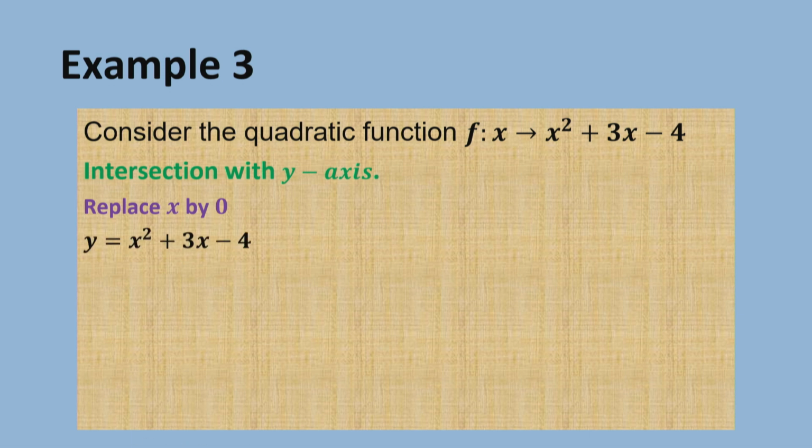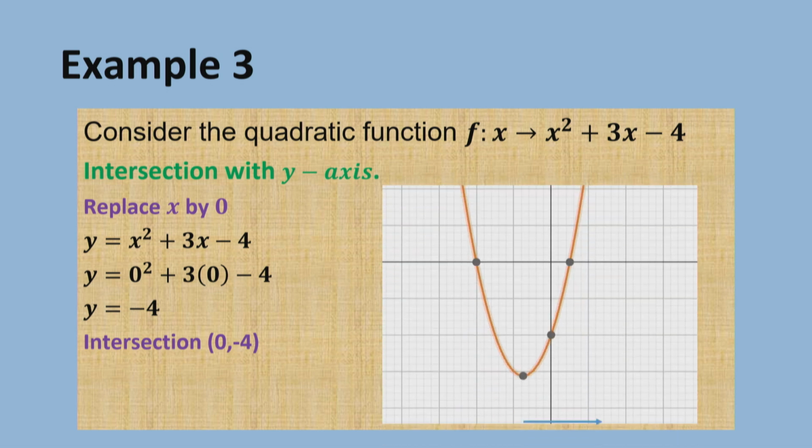Well, we replace x by 0 in the function. So y equal to x squared plus 3x minus 4. That will be y equal to 0 squared plus 3 times 0 minus 4, which is minus 4. So the intersection will be (0, minus 4).